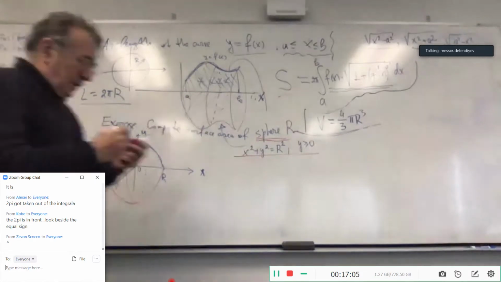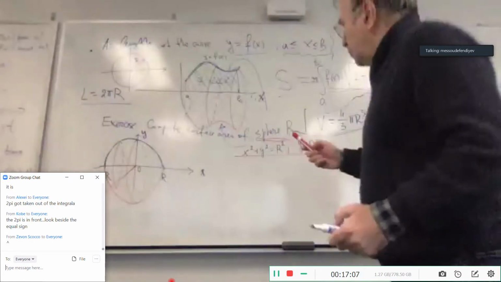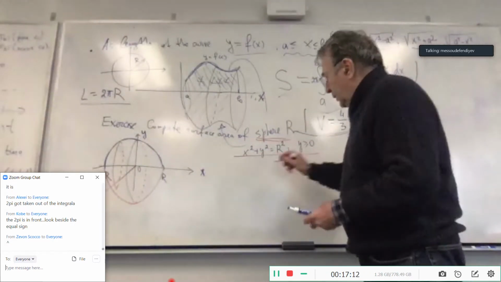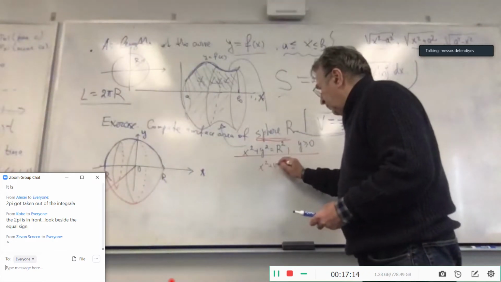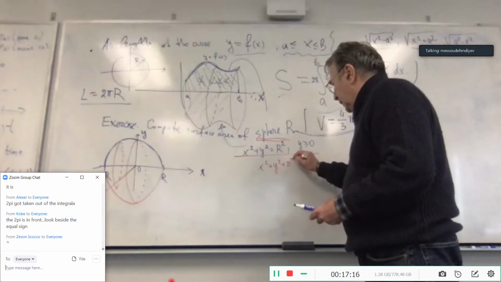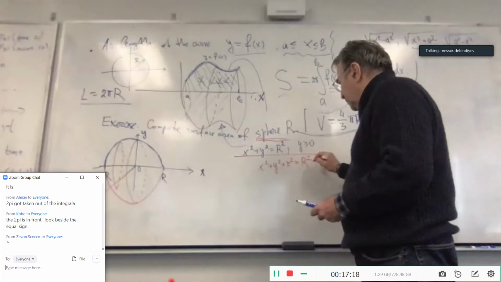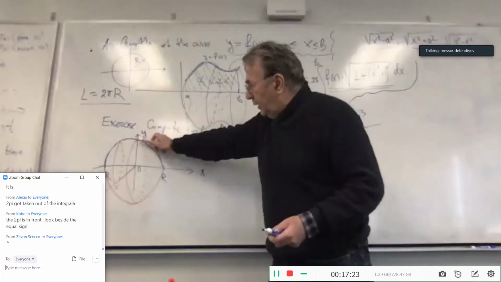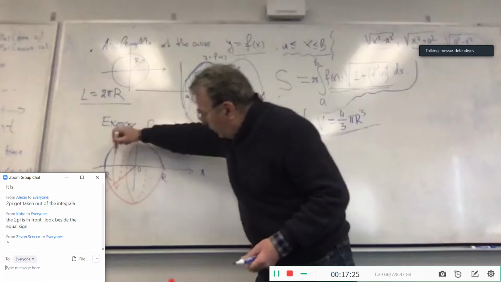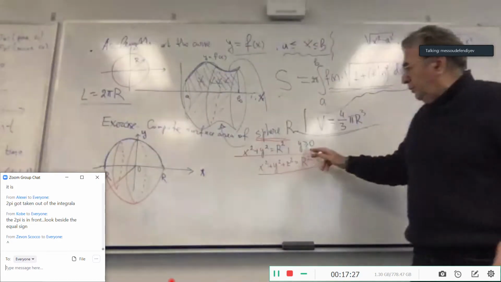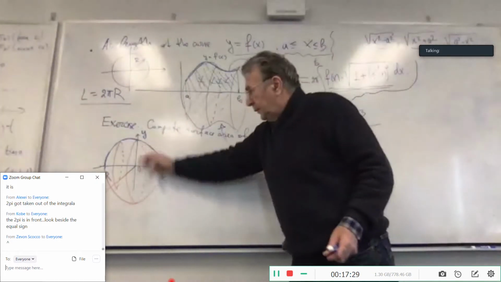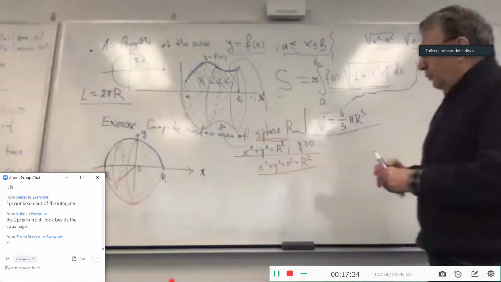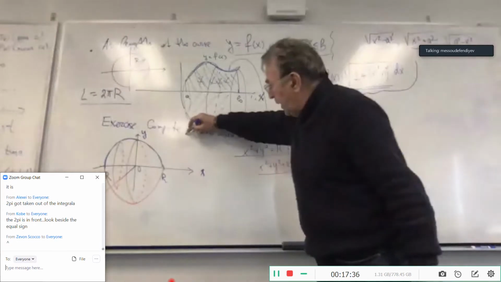The sphere with radius r, that means x squared plus y squared plus z squared equals r squared, in three dimensions is obtained by reflection of this curve with respect to the x-axis.